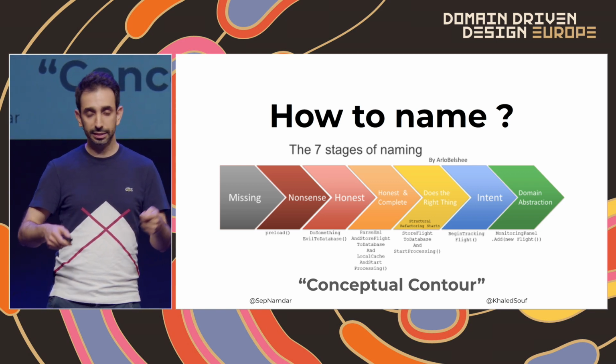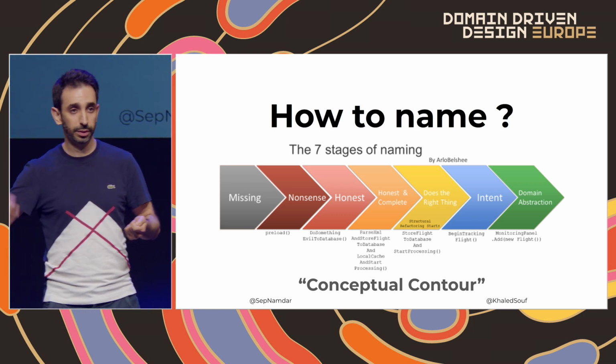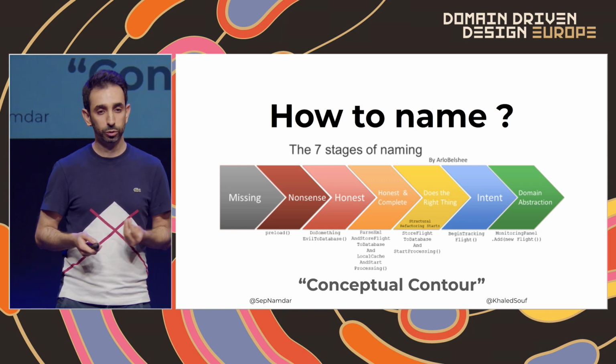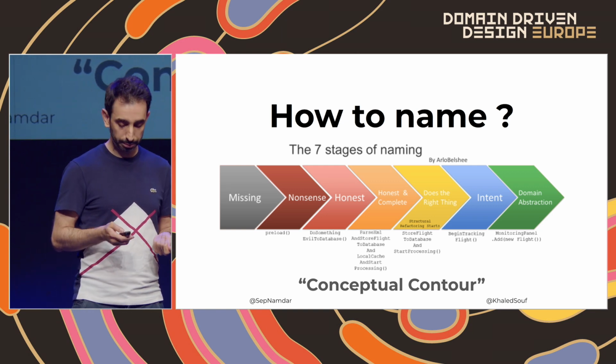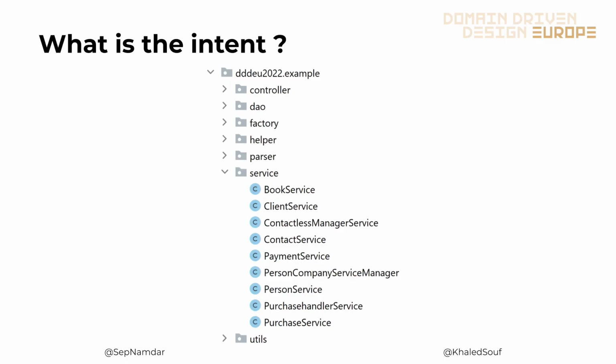And naming is exactly the same idea. It's a process that we need to repeat to find, at last, a name that is close to the intent of our domain. So let's do some exercise.